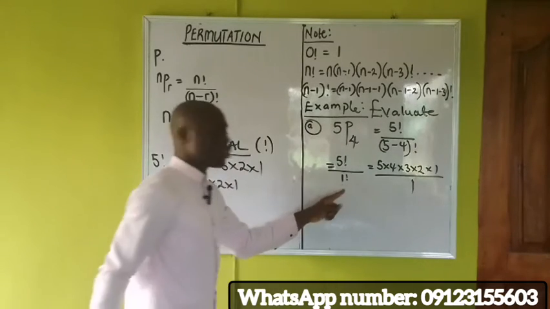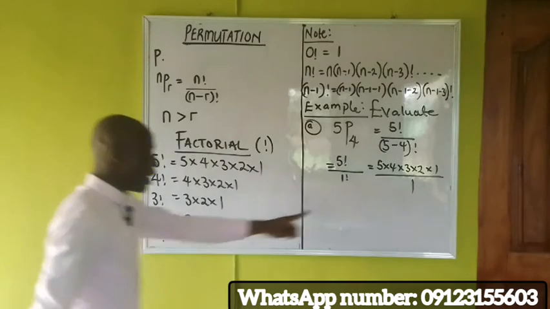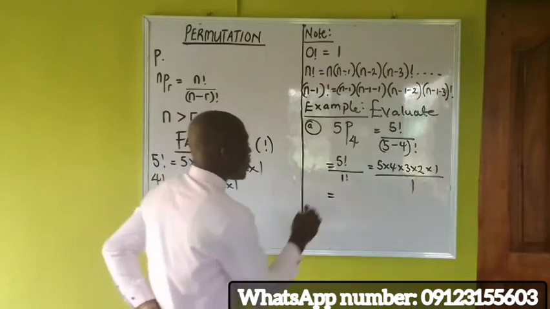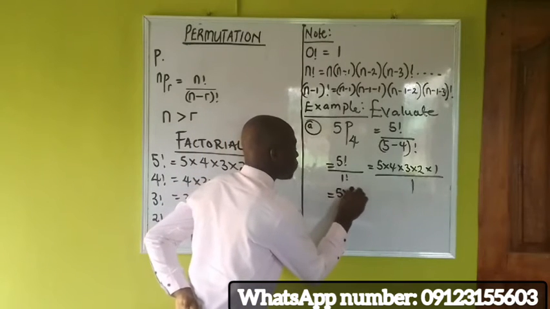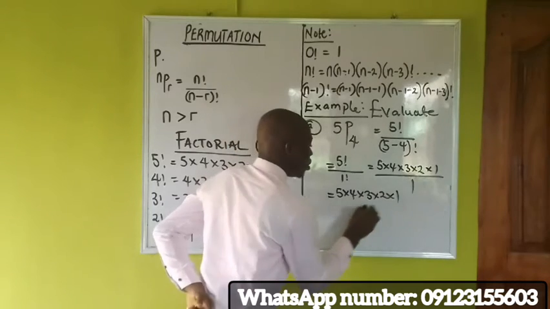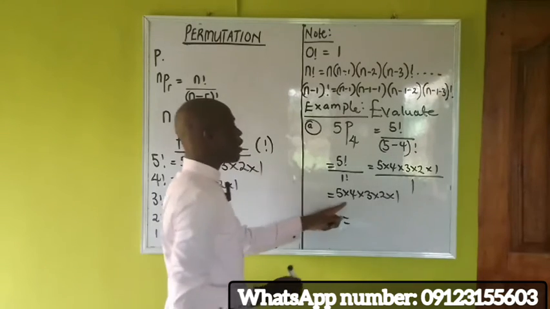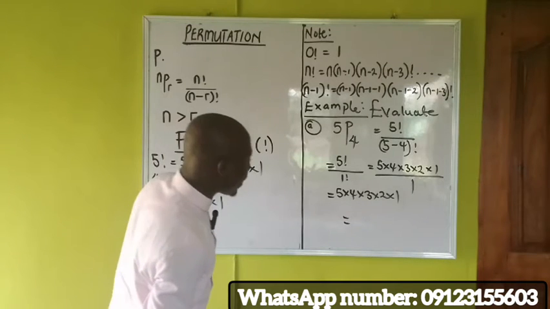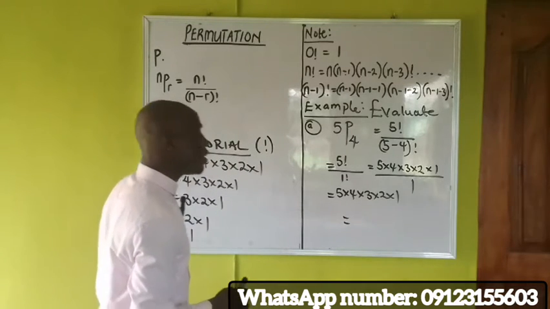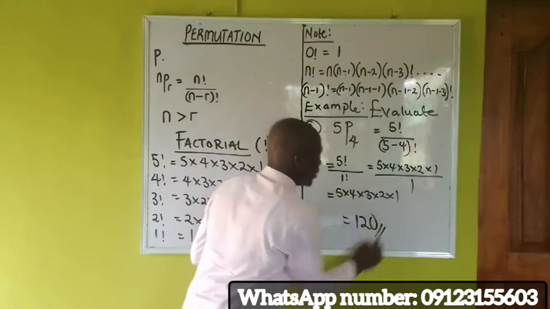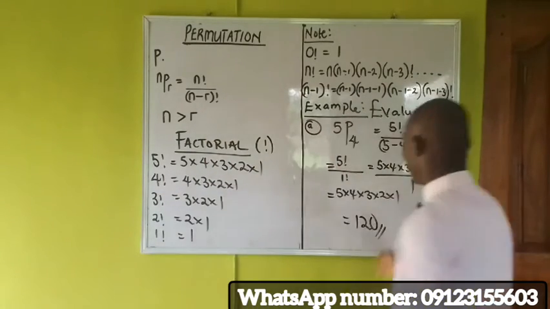If I proceed, I'll be left with 5 times 4 times 3 times 2 times 1, which is equal in value to: 5 times 4 is 20, times 3 is 60, times 2 is 120. I have 120 as my answer to this question.